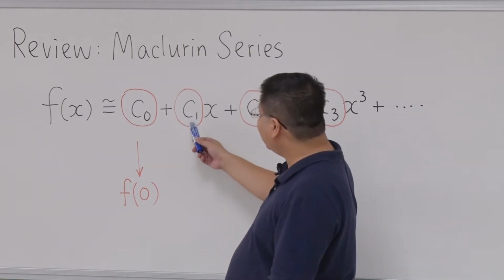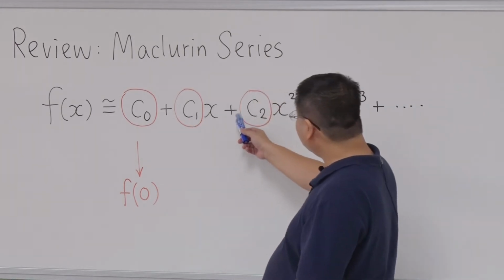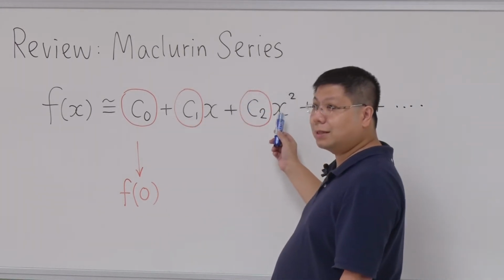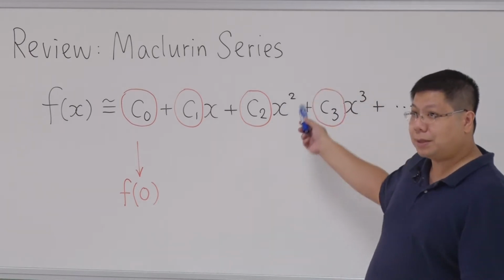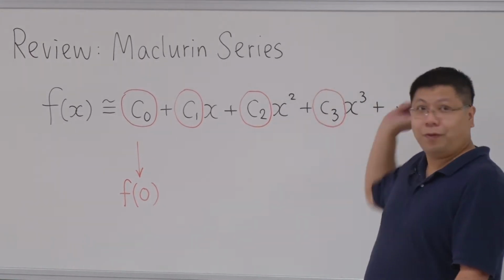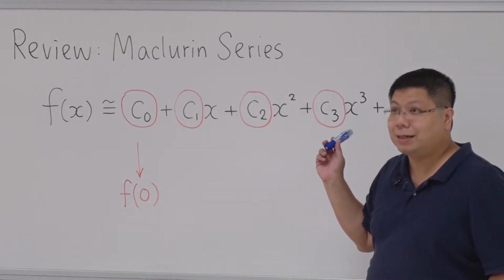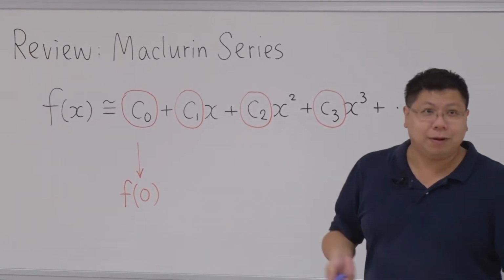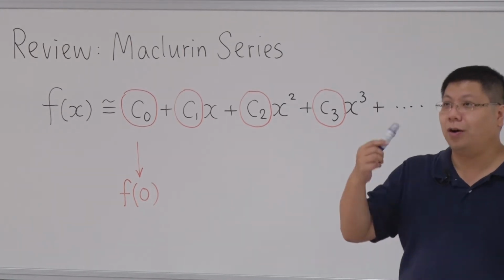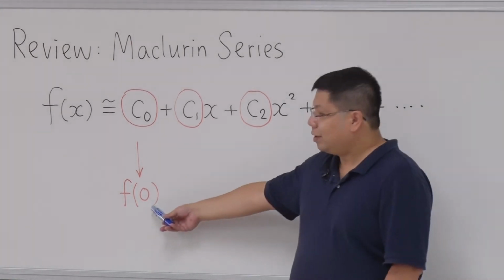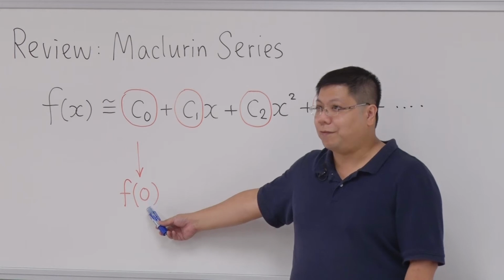What do we get? We get c1 plus 2 times c2 x plus 3 times c3 x squared plus 4 times c4 x cubed, and so on and so forth. Am I correct?